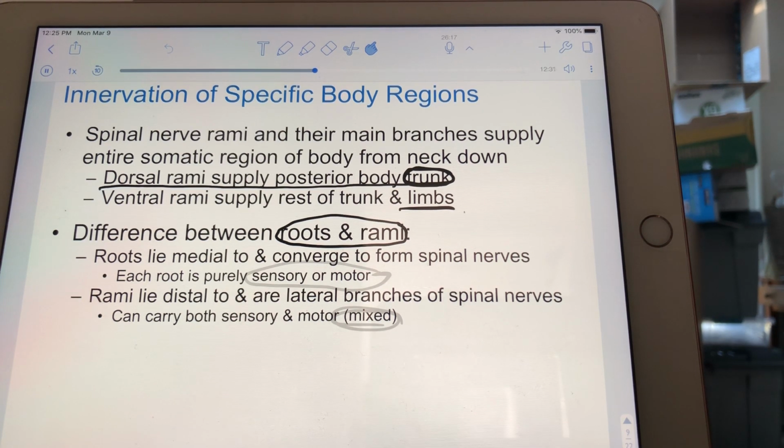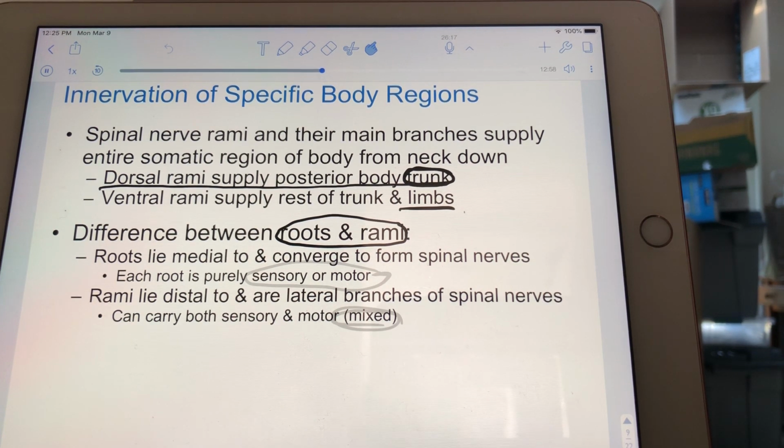Roots are more medial in position. They're closer, in other words, to the spinal cord, and rami are more lateral or more distal. Okay, roots will converge, they'll merge in order to form spinal nerves, whereas rami are branches off of those spinal nerves.